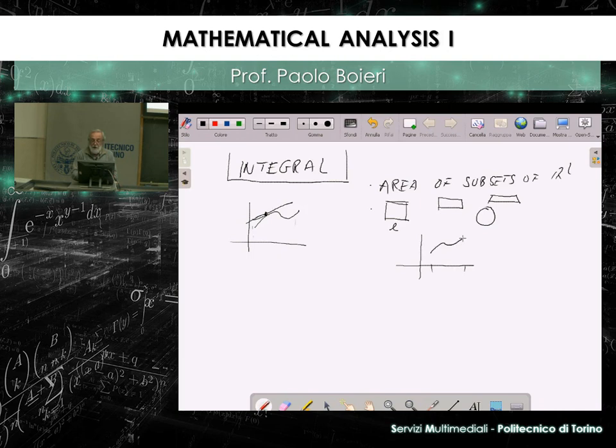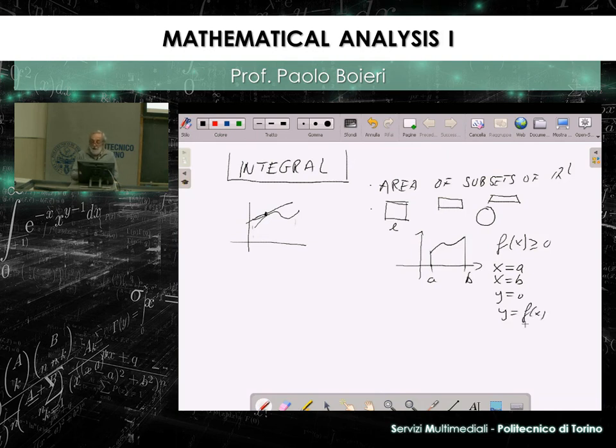Suppose I have the graph and consider a positive function, bigger or equal than 0. And this positive function in an interval AB defines a subset of the plane, a subset of the plane that is included between the line x equal A, the vertical line, the line x equal B, the other line, the x-axis, y equals 0, and the graph of the function.